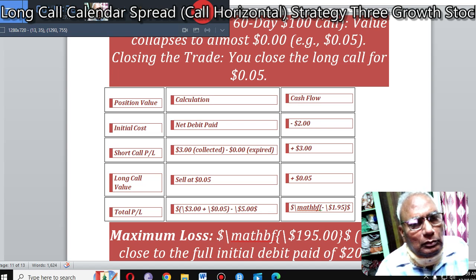Position value calculation, cash flow, three columns. Initial cost, net debit paid: minus $2. Short call profit and loss: $3 collected minus $0 expired, plus $3. Long call value, sell at $0.05: plus $0.05.